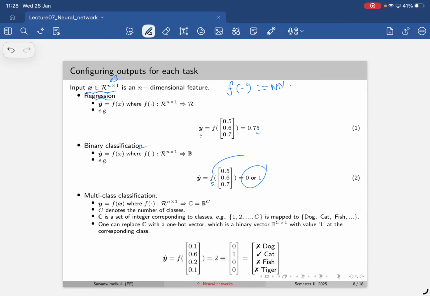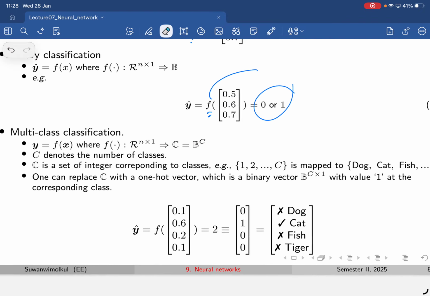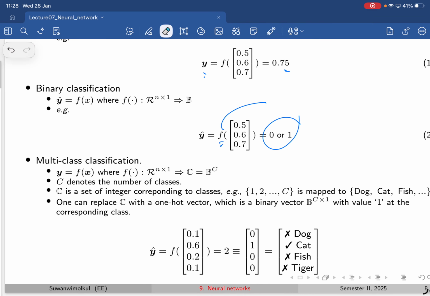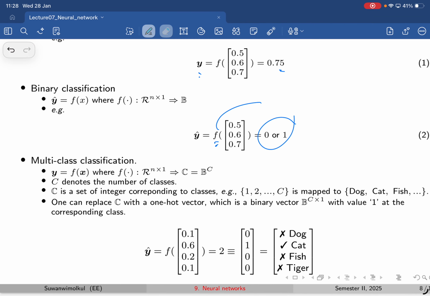If it is multi-class classification, and this is a little tricky, your f could output y as a numerical integer. Let's say you have 4 classes: dog, cat, fish, and tiger. y could be the number 1, 2, 3, 4.